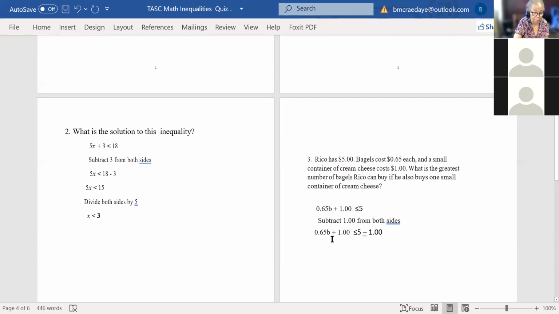Let's take this out. 5 minus 1 is what? 4. So 5 minus 1 is 4, and I have 0.65B. So this would be less than or equal to 4.